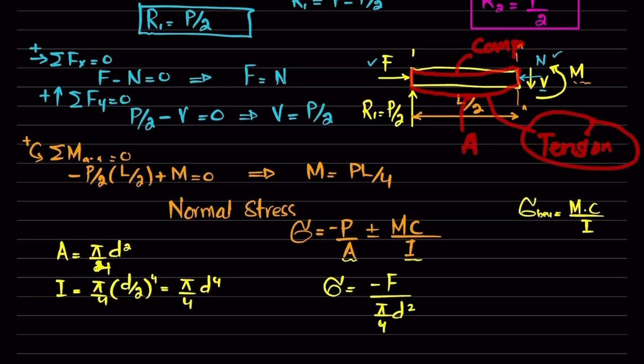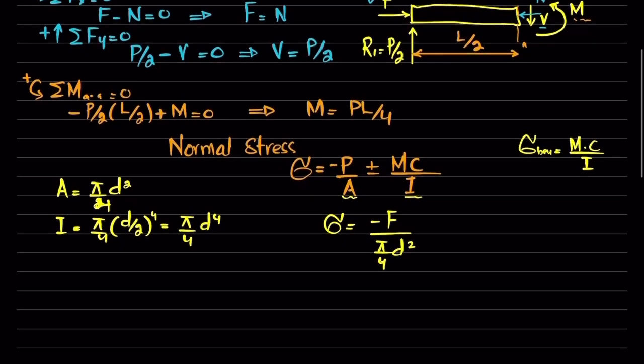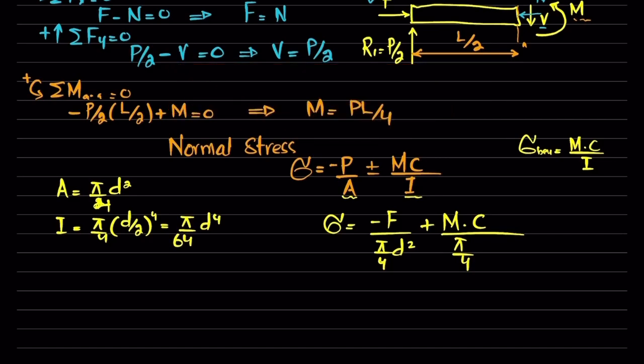So here the stress will be positive, so this will be replaced with a plus sign. So I will write it plus moment, and C is this radius from the center to the outermost, divided by I. I is pi by 64 D power 4.